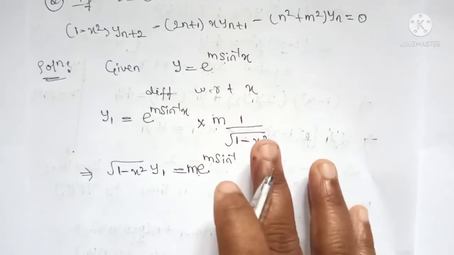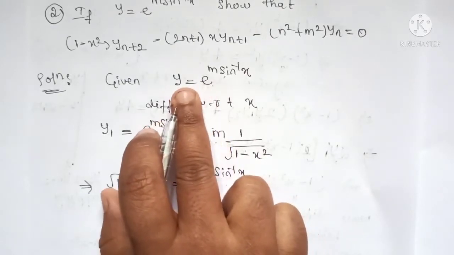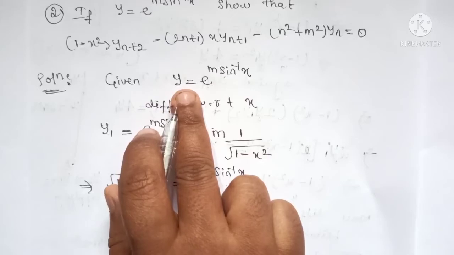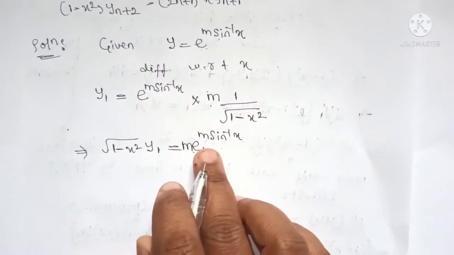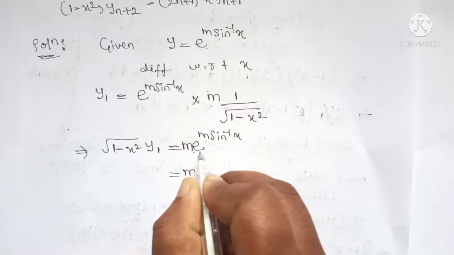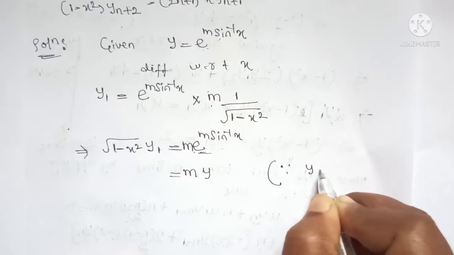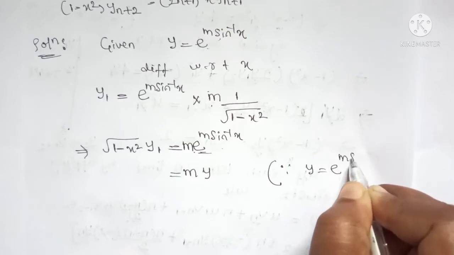Okay, so now you can observe that e raised to m sine inverse x is nothing but the given function y, therefore we replace e raised to m sine inverse x by y, that is m as it is, this is equals to y. So this is because y equals to e raised to m sine inverse x.